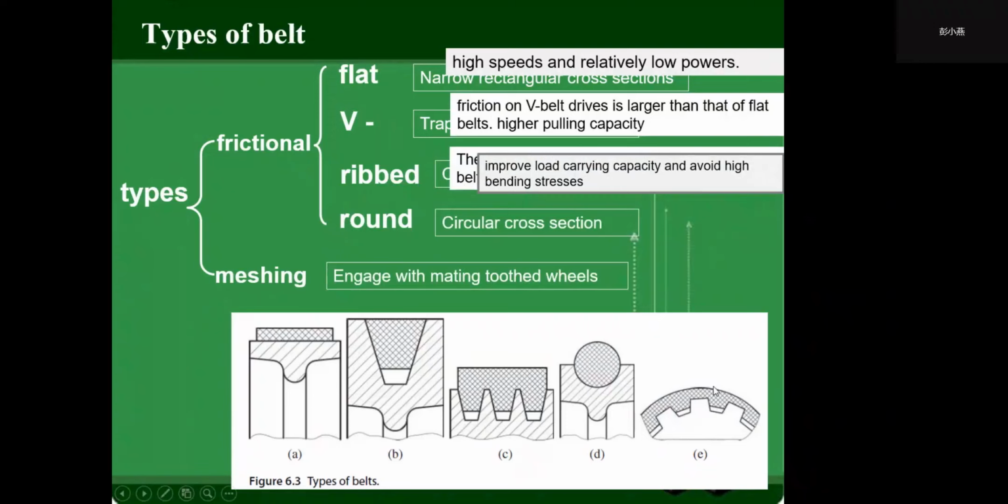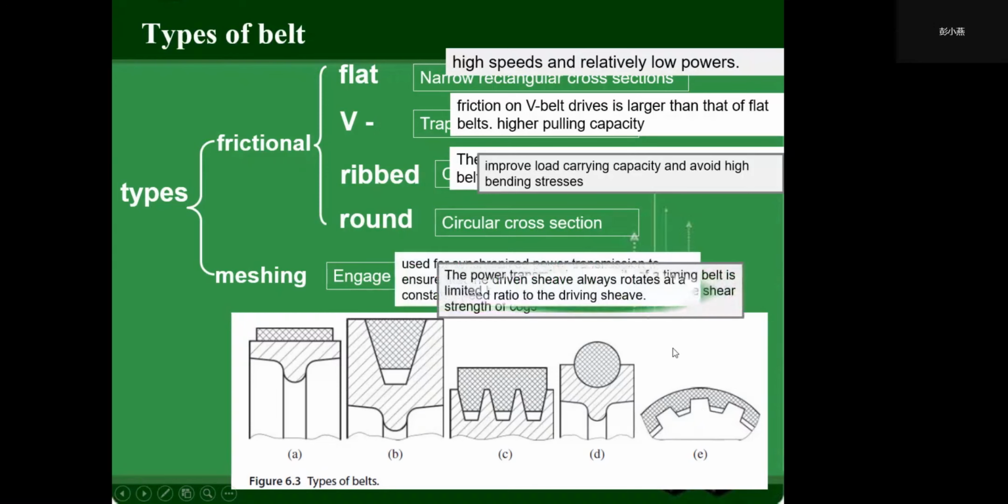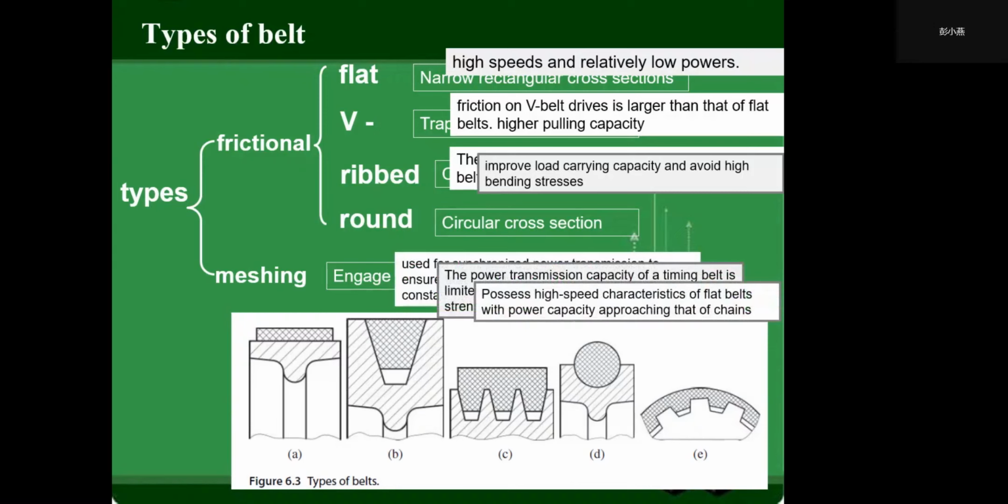The power transmission capacity of a mesh belt is limited by the tensile stress of belt and the shear stress of teeth. It possesses high-speed characteristics of flat belt with power capacity approaching that of chains.